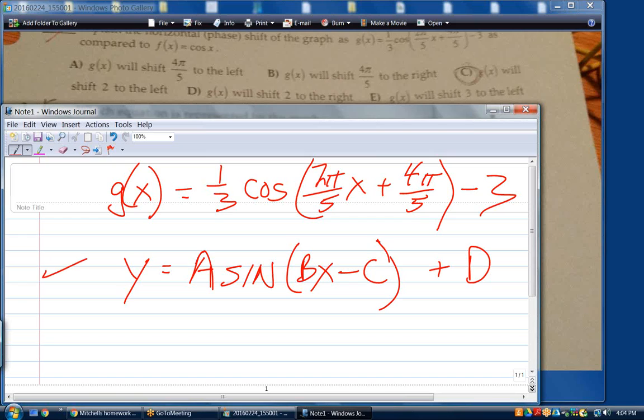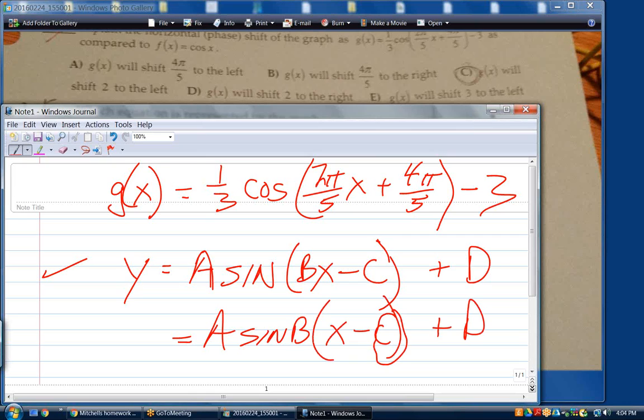Well, in this particular case, what is the phase shift equal to? Was it negative b over c? Or is it flipped? It's negative c over b. Okay. Because the other format would be a sine and the b is outside the parentheses. If I'm in this format, then the phase shift is c.